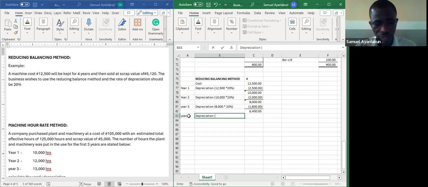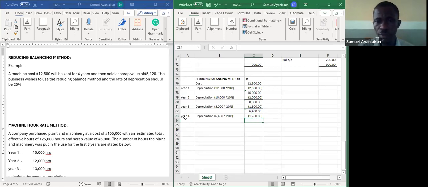So equals minus 6,400 times 20%. It is now 1,280.